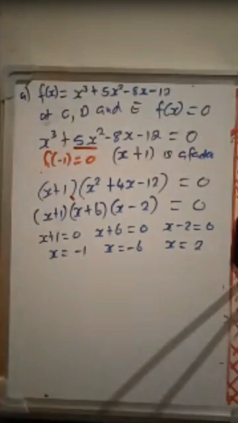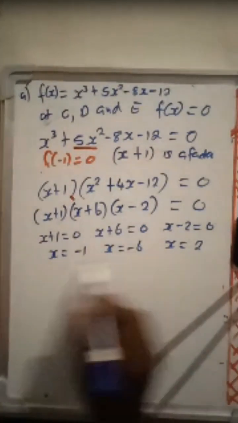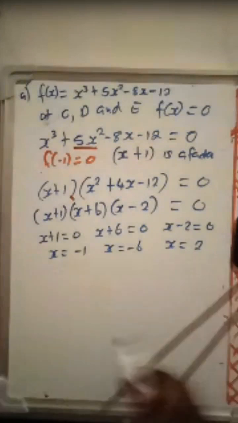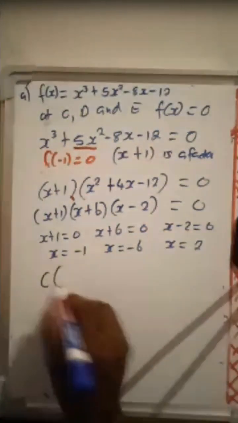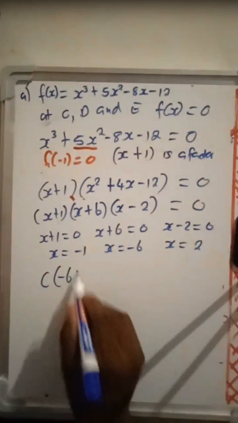From there, we can see which one is C, which one is D, which one is E. They say determine the coordinates of C, D, and E. If you compare between negative 1, negative 6, and 2, C is negative 6, 0.